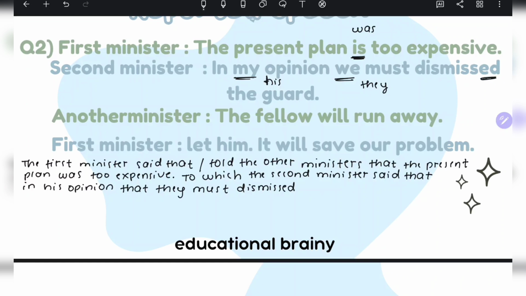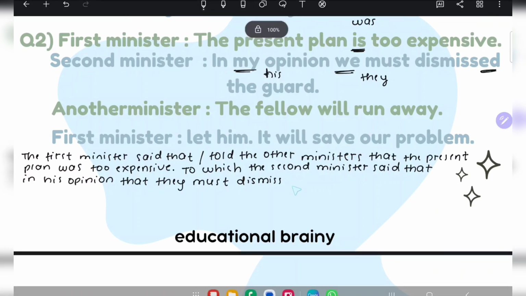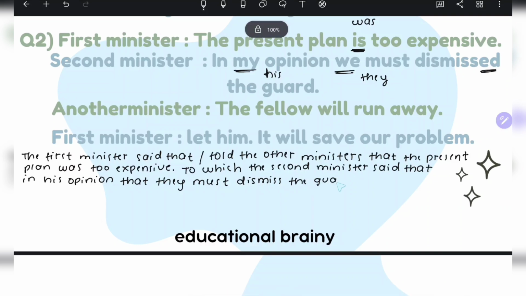See, "dismissed" is already in the past, so bring it to the present: dismiss, that's all. Dismiss the guard, and just continue the sentence as it is.